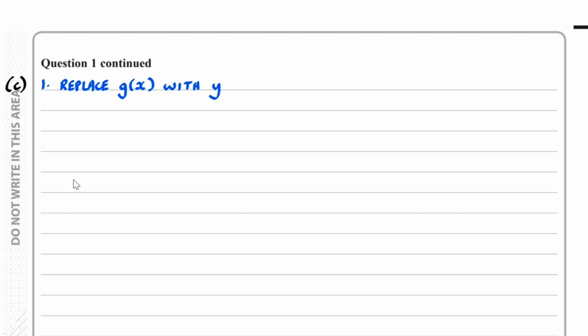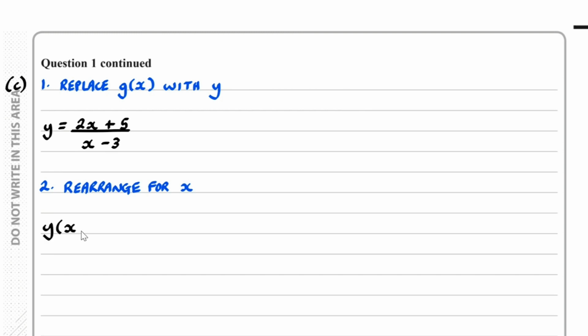Well, our first step would be to replace g of x with y. So we have y equals 2x plus 5 divided by x minus 3. Our next step is to rearrange for x. So if I multiply both sides by x minus 3, then we have y multiplied by x minus 3 equals 2x plus 5.